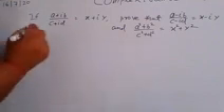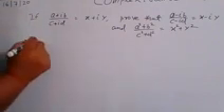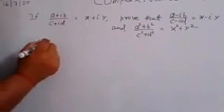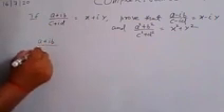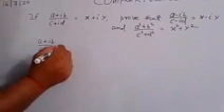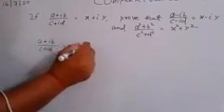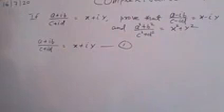Understand? So first of all, take a plus ib upon c plus id is equal to x plus iy, and suppose that is the first equation that is given.